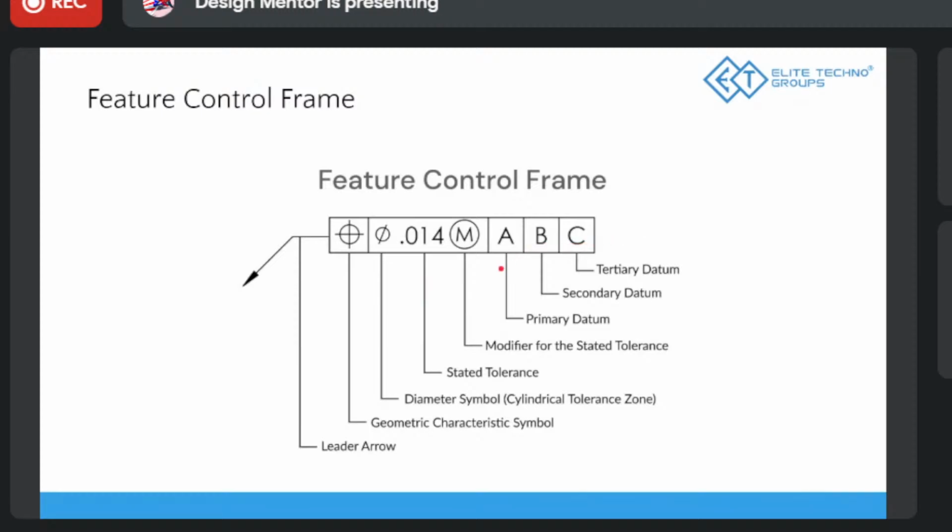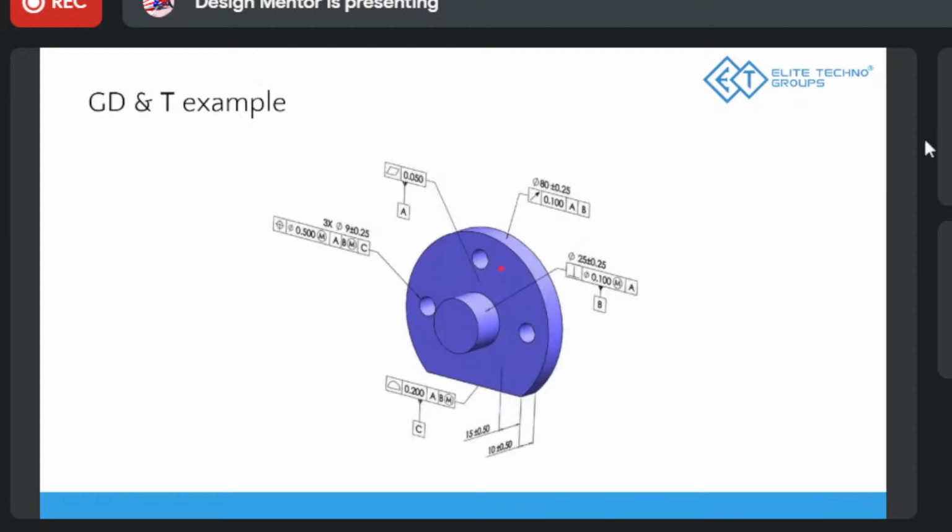Now let's try to read this. This one we won't be able to read because you've not learned about circular runout, and I want you to go and figure out this one by yourself. But the other ones I will talk about.